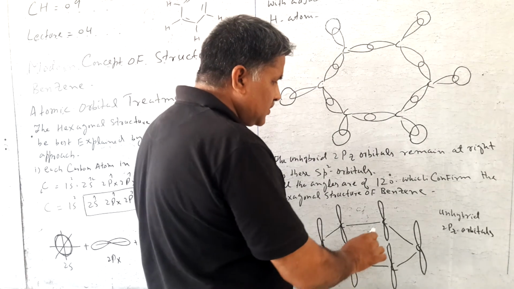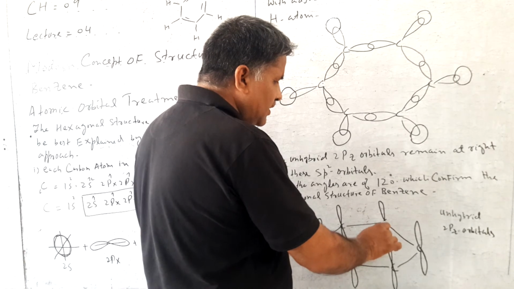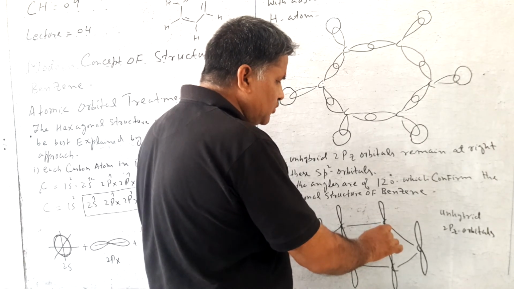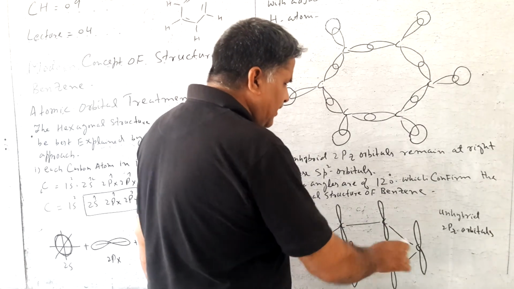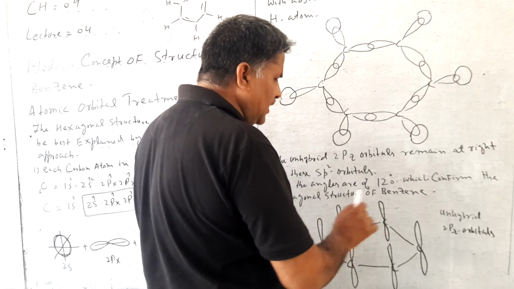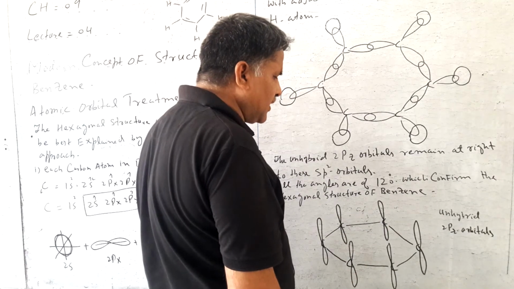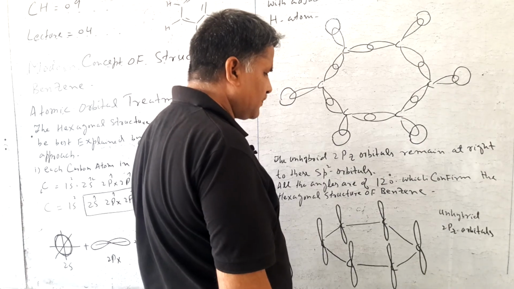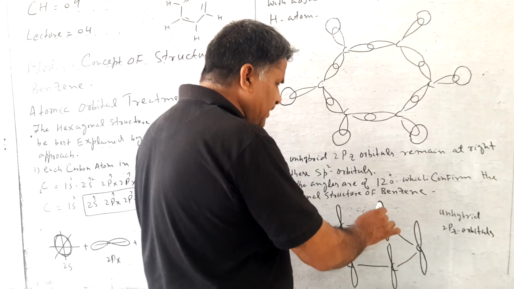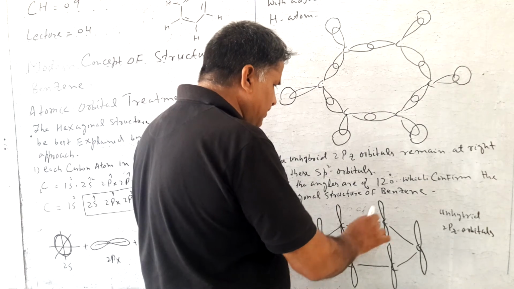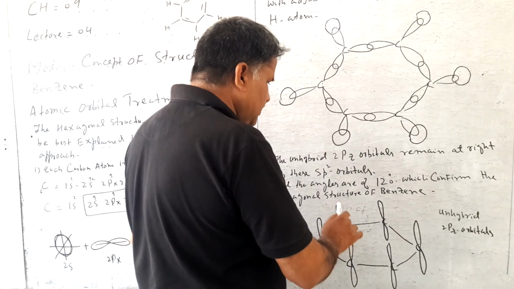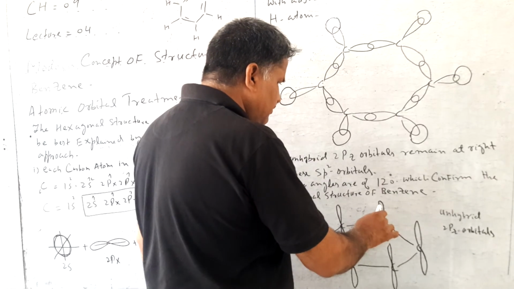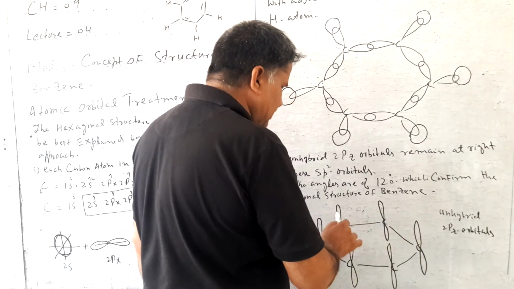Now in benzene, each carbon atom has one unhybridized 2pz orbital which is perpendicular to the sigma network. Now all the carbon atoms and all the hydrogen atoms are in the same plane, and these unhybridized p orbitals, which are also partially filled, can overlap with this orbital or with this orbital.